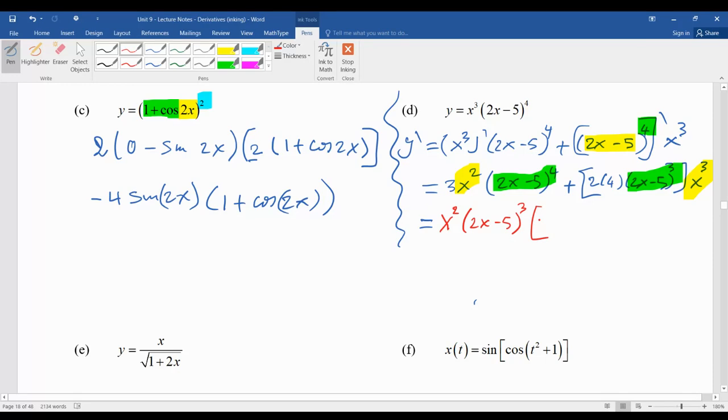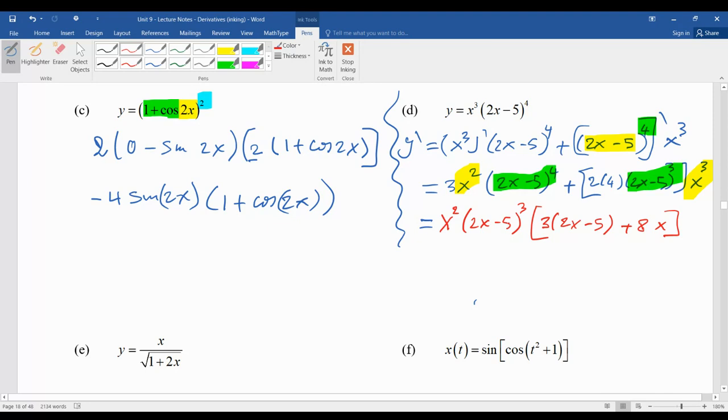Now, what's left? We've got 3 times 2x minus 5 plus 2 times 4 is 8, and we already have the 2x minus 5 cubed, and all we need to add is x, because x squared times x is x cubed, and we already have 2x minus 5 cubed over here.